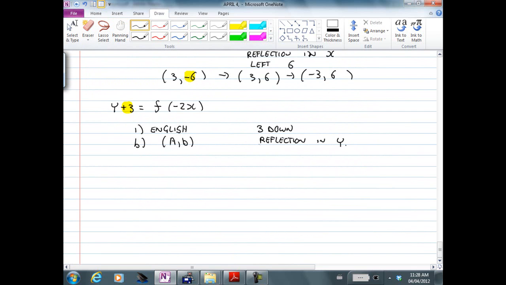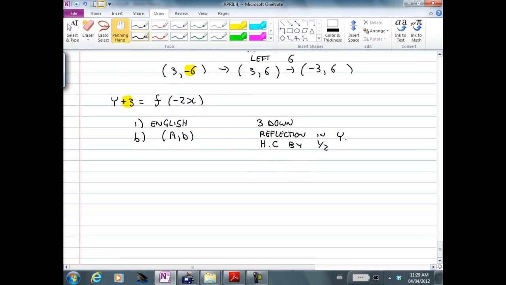Now, one more. Horizontal. Sean, what's the next thing? By 1/2. Good. Because the 2 is in front of the x. So the next thing is, what is the coordinate in terms of A and B? Again, I'm going to do this nice and slow.